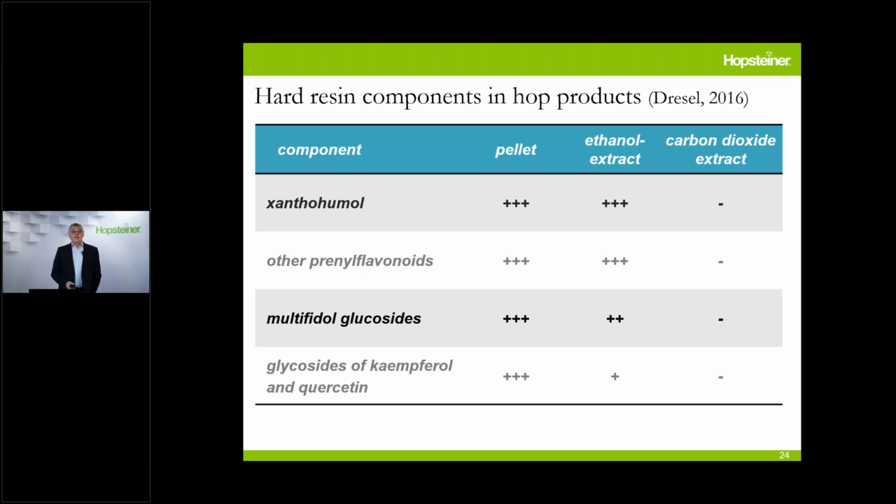Multifidal glucosides and glycosides of kaempferol and quercetin are recovered to a certain extent. But these components are not present in regular carbon dioxide extract. So the hard resin components are present in ethanol extract, and therefore this extract type can also be named total resin extract, with all the soft and hard resin components.